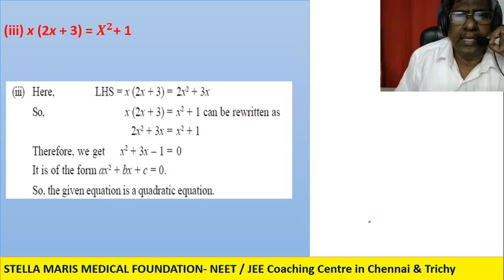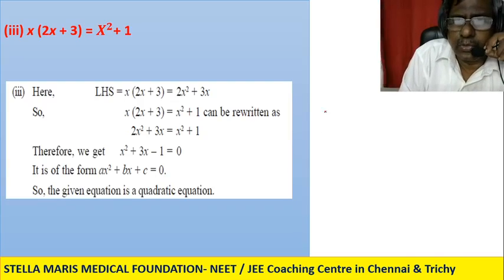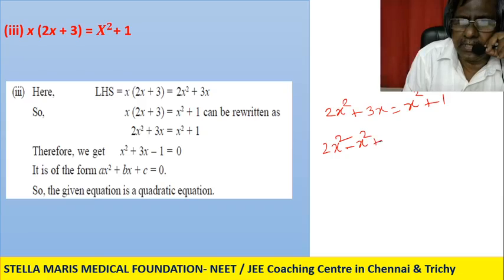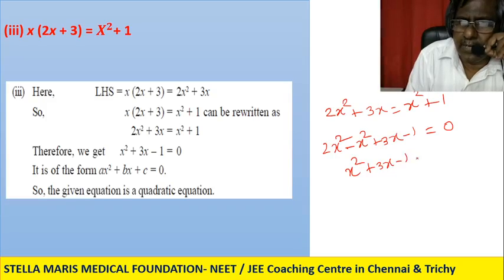And x square plus 1 can be written like this. 2x square plus 3x is equal to x square plus 1. Now bring everything to one side. 2x square, bring that x square from here, it will become minus x square, plus 3x minus 1 is equal to 0. So 2x square minus x square will be x square plus 3x minus 1 is equal to 0.